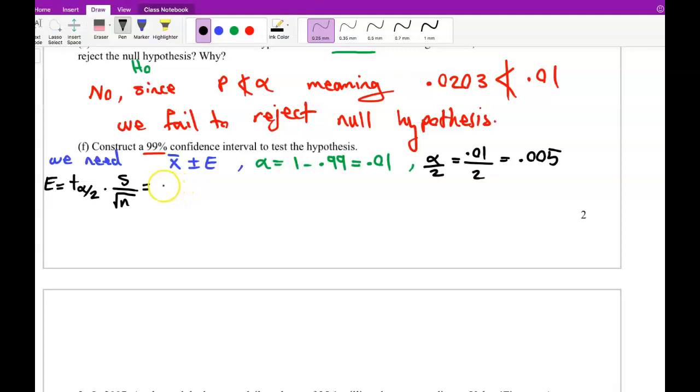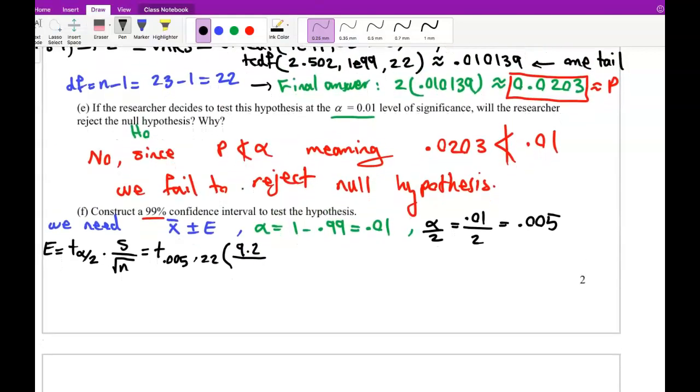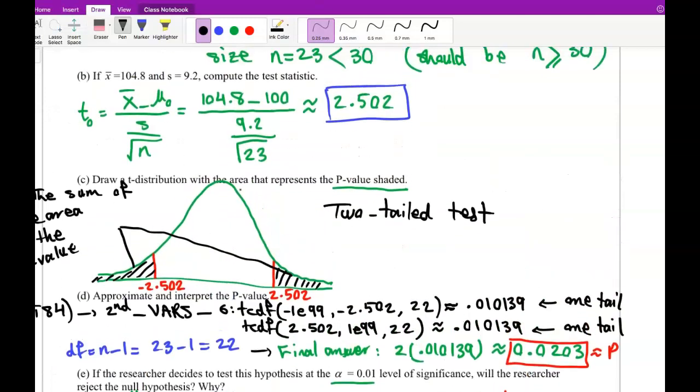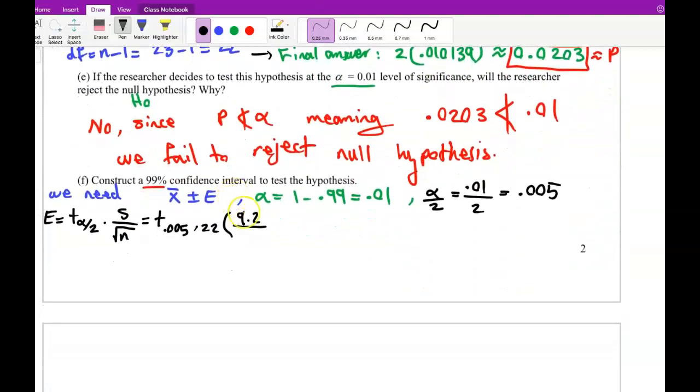Finding t when the area is 0.005 and the degree of freedom is 22, times the standard deviation, which is 9.2, divided by the square root of 23.